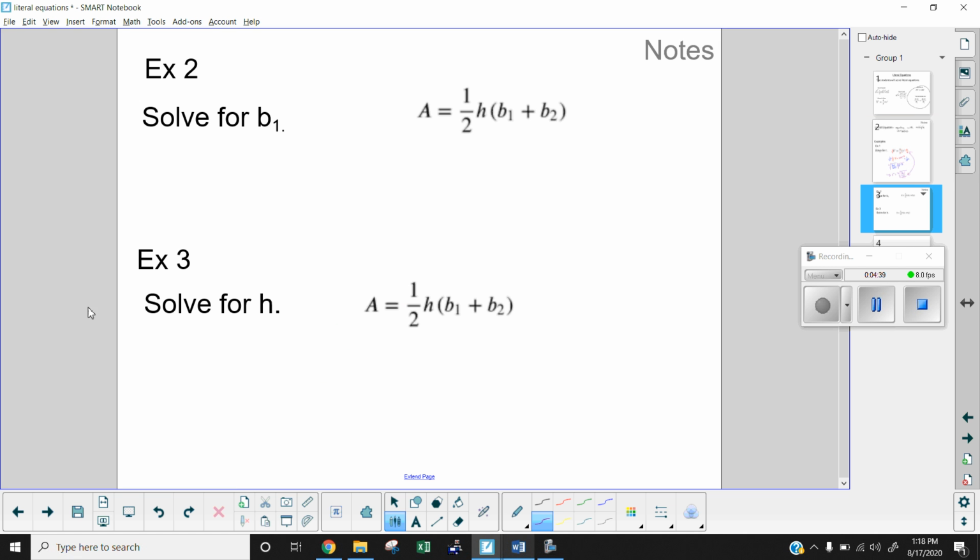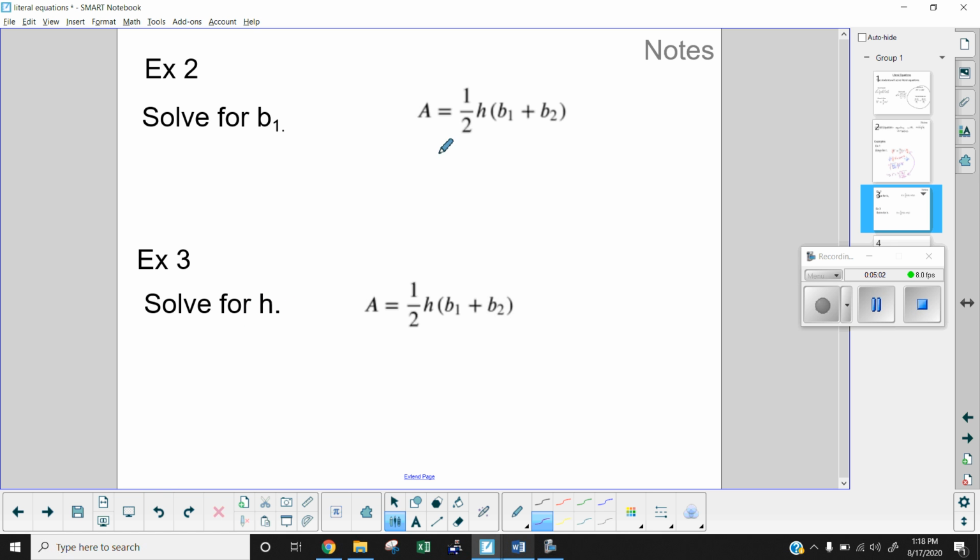So next, we have example 2 and example 3. They're the same equation, but I'm going to solve for a different variable in each one. In example 2, I'm going to take this equation, which is the area of a trapezoid, and solve for base 1. In the second example, I'm going to solve for the height.